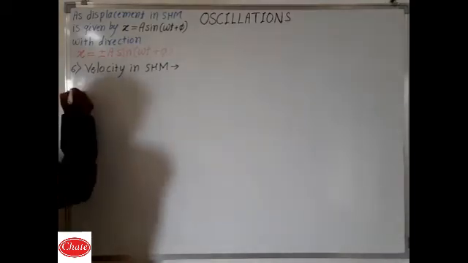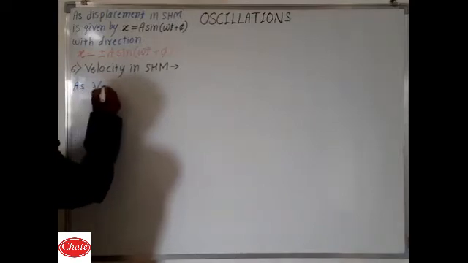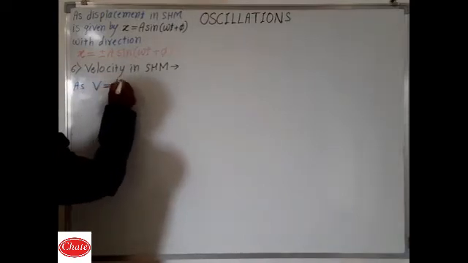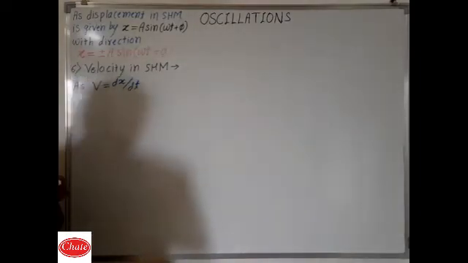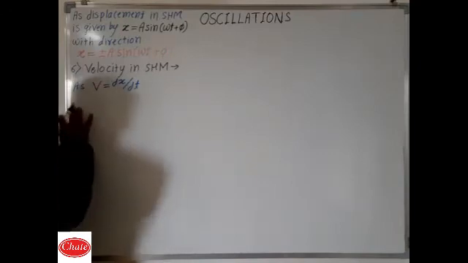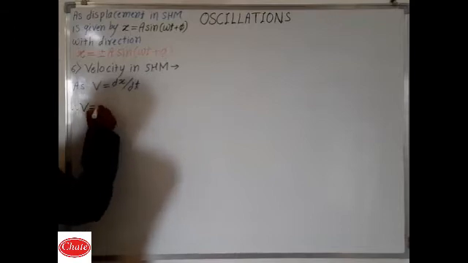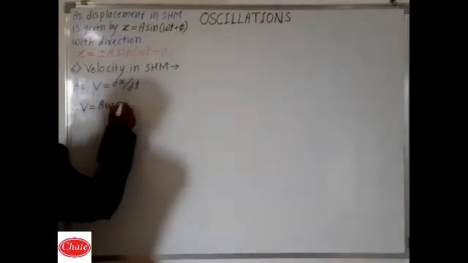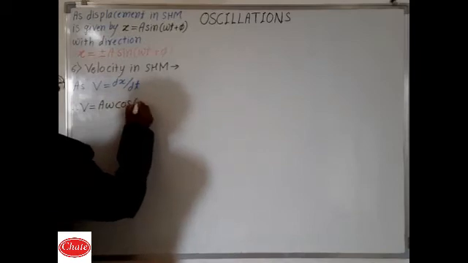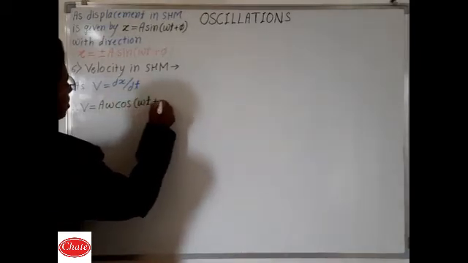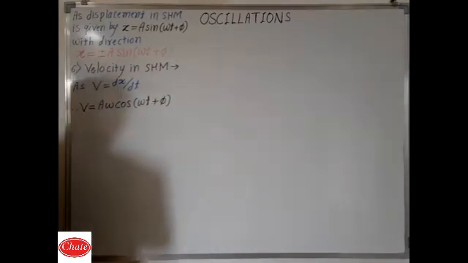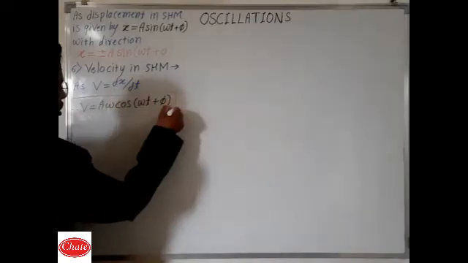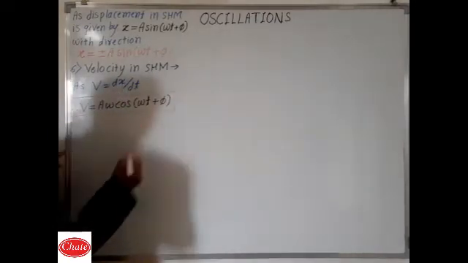As velocity is equal to dx by dt, हे डेरिवेशन म्हणजे याचं डेरिवेशन घेतलं तर तुम्ही काय लिहू शकता v is equal to a omega cos omega t plus phi. लक्षात velocity's equation काय आलं a omega cos omega t plus phi.